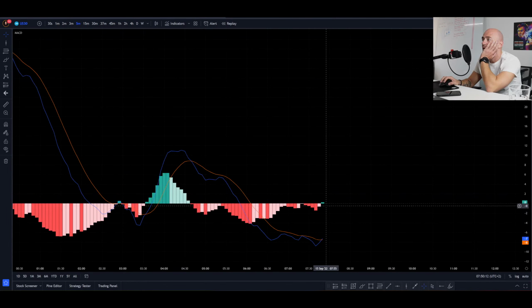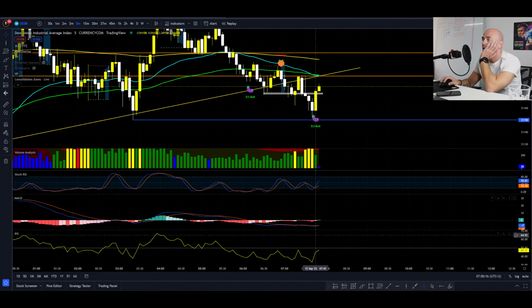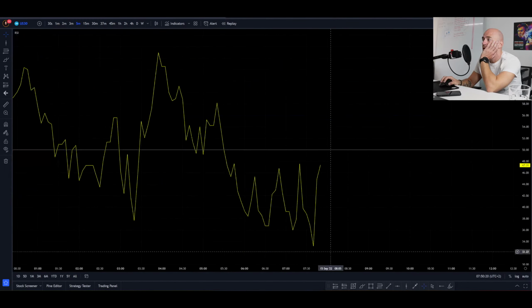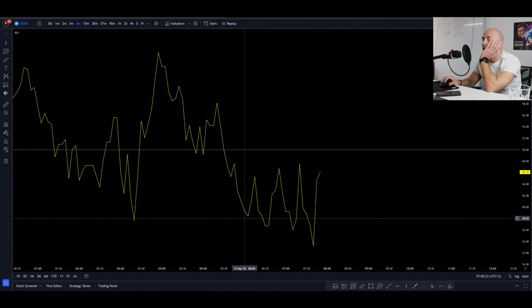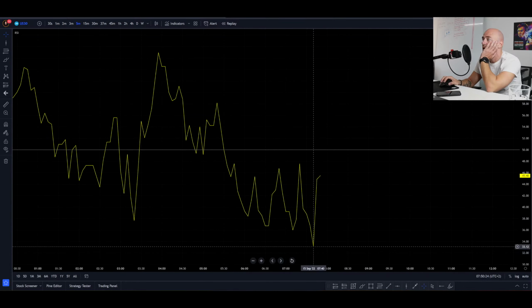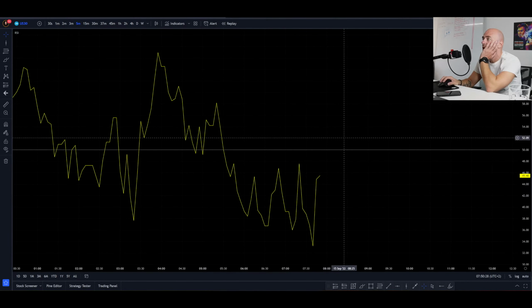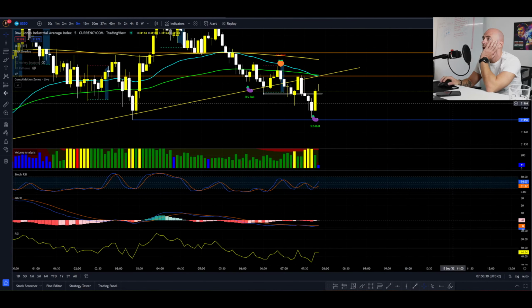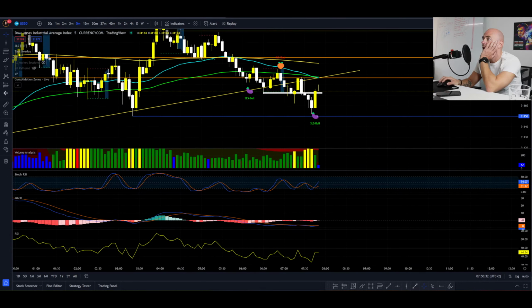MACD crossing up, starting bullish. RSI still in the oversold area. And we are not getting any divergences yet. Plus we didn't actually touch that low, so it might come down and want to play in that area again.